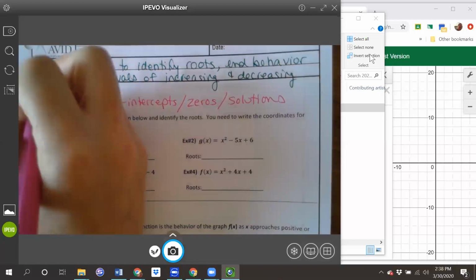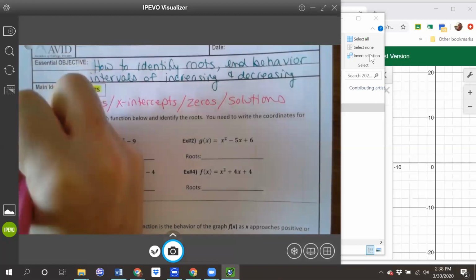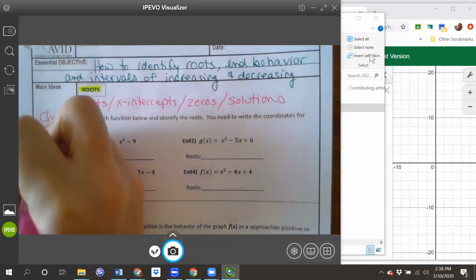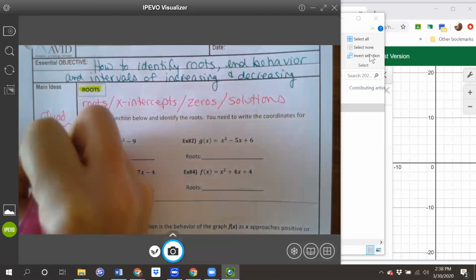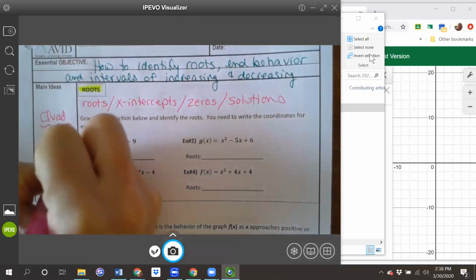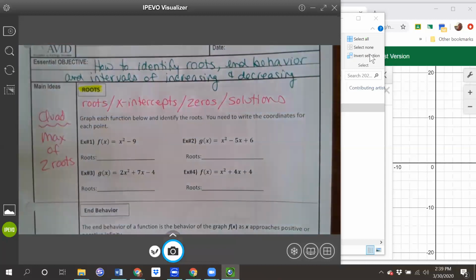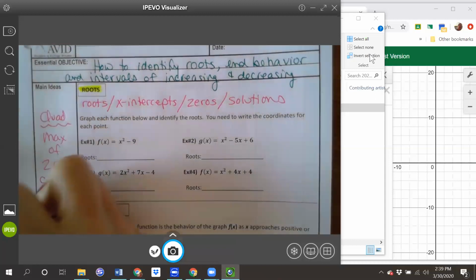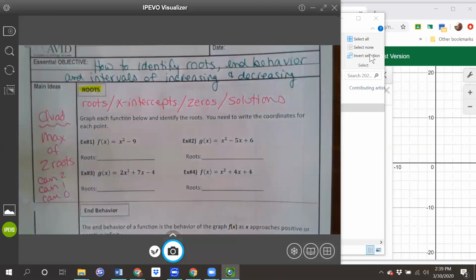Please remember that when you have quadratics, you can have a maximum of 2 roots. That means that you could have 2, you can have 1, you can have 0, but you cannot have 3 roots or 4 roots. The maximum amount is 2.